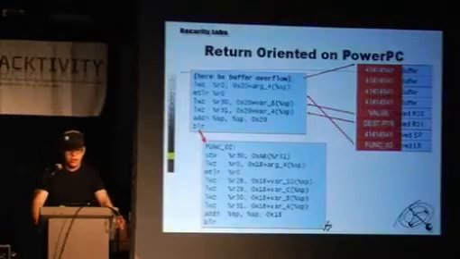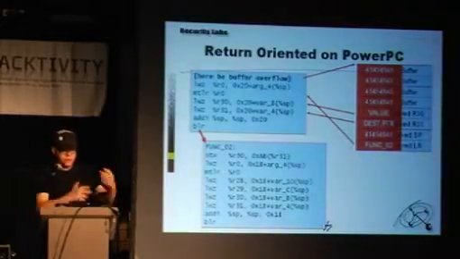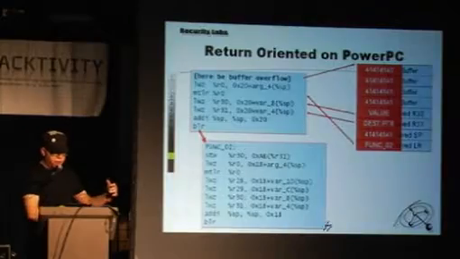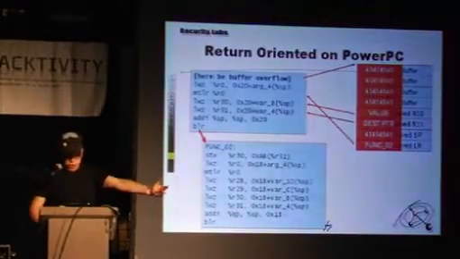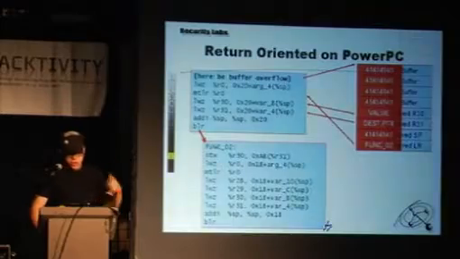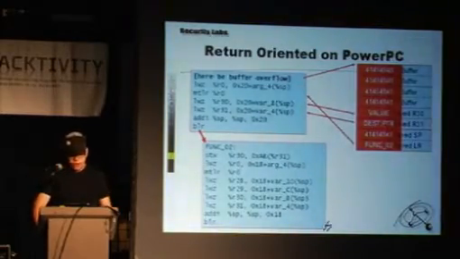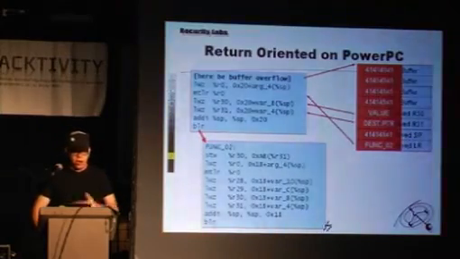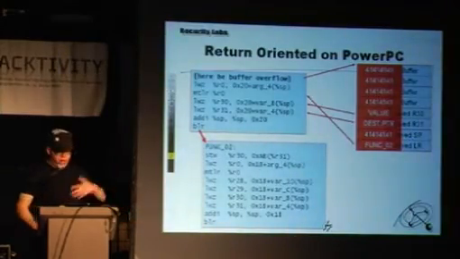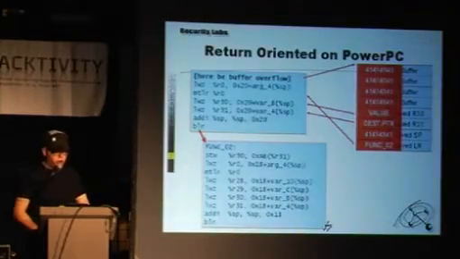And this function has, in this case, an arbitrary memory write. The last instruction before it restores its registers itself and returns actually writes somewhere in memory. That's what you see with the STEW here. It writes the value of R30 at an address with a fixed offset indicated by R31. Now, if you paid attention, you will see that we control R30 and R31 already.